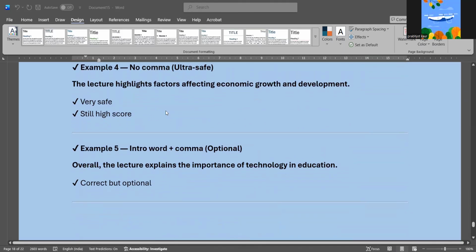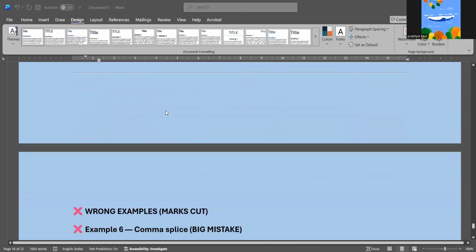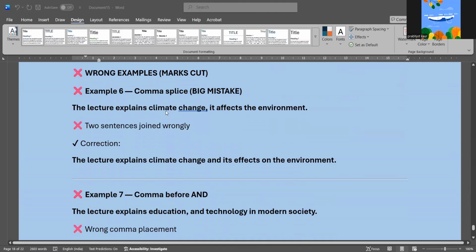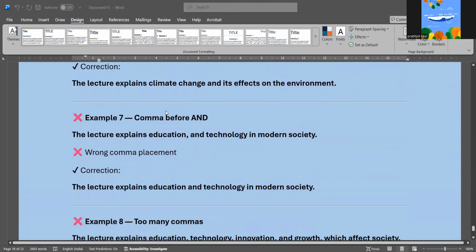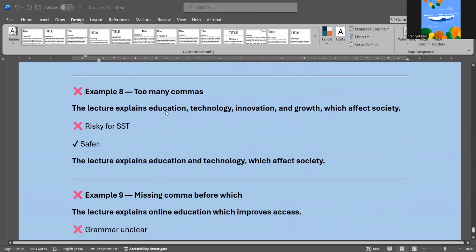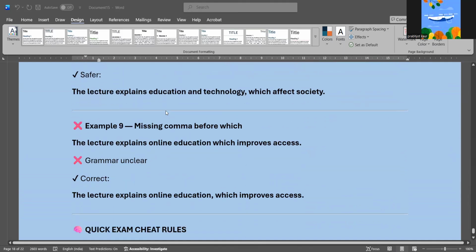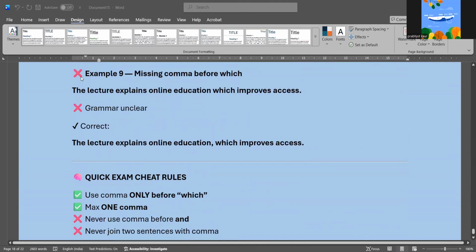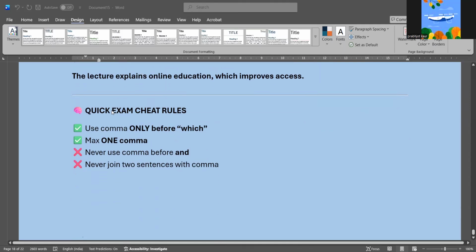You can see and note down this type of example. This can boost your score in SST. So what is wrong and what is right? I have mentioned everything with examples. You can see where it is wrong and where it is right.